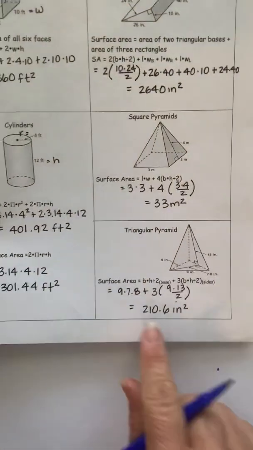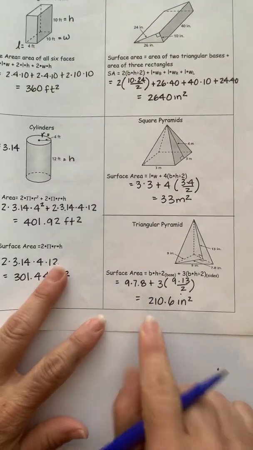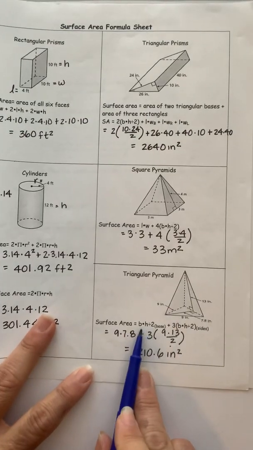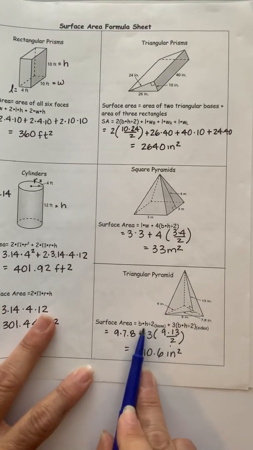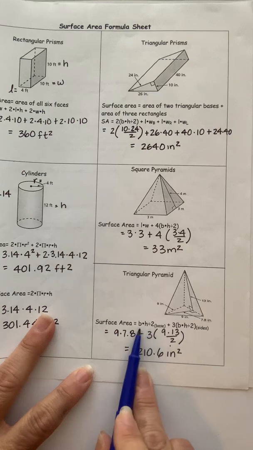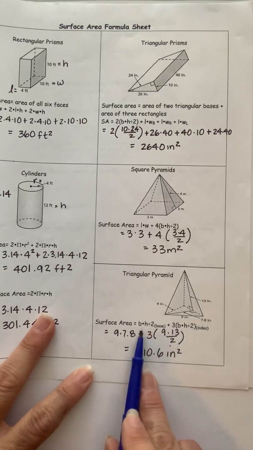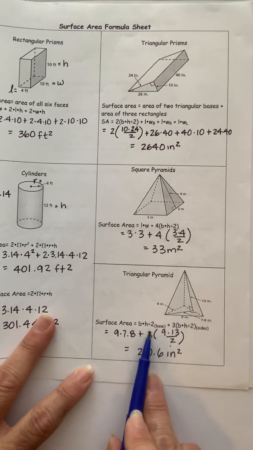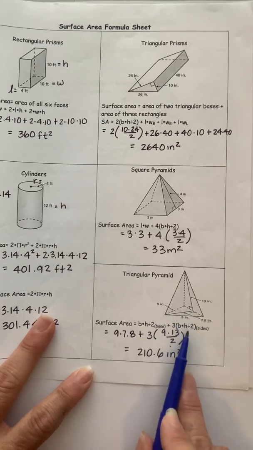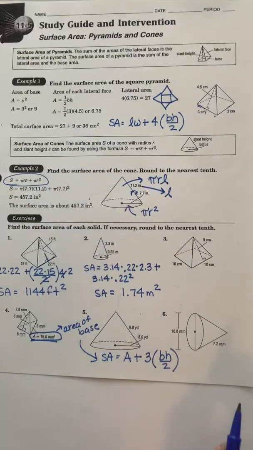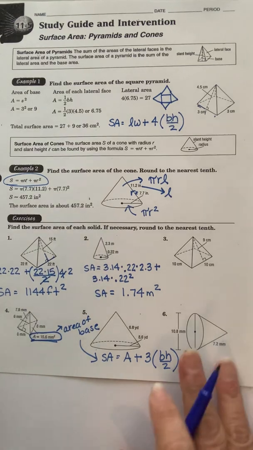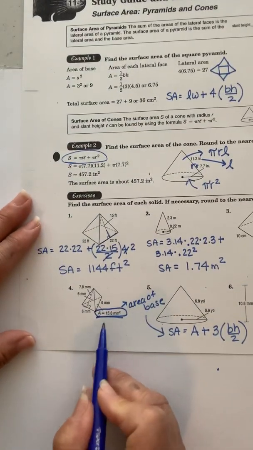So if you want to add that on there, mine's a little different here because I show that you have to find the area of the bottom and then the 3 triangles. But all the ones on your worksheet are going to already have the area. But if it didn't, you'd have to find the area of the bottom triangle first and then the 3 side triangles. Okay. So this one already has the bottom.